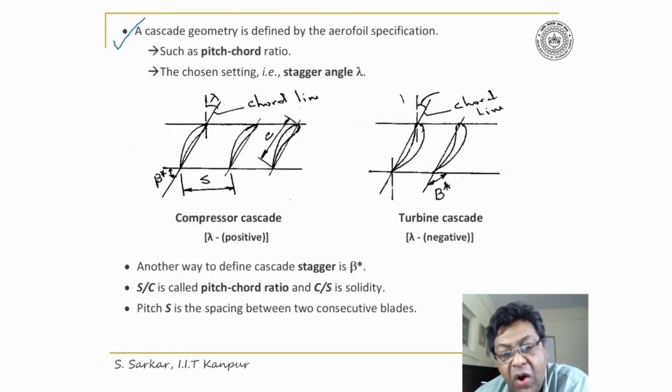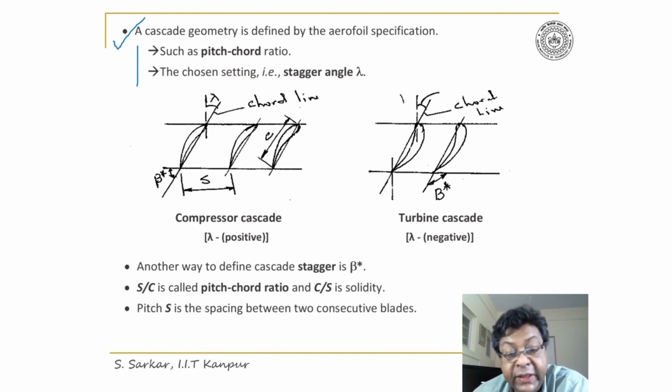After discussion on development of aerofoil, I'll now discuss about cascade geometry. Now, the specification of cascade geometry is the pitch chord ratio and stagger angle. Stagger angle is the setting of the blade. And what is pitch?